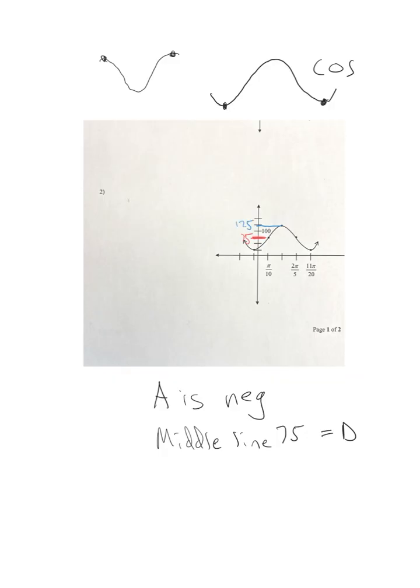So it looks like that would be A, which is 50. So A is going to be equal to negative 50. Remember, it's an amplitude of 50, but since it's being flipped upside down, that's going to be a negative 50.